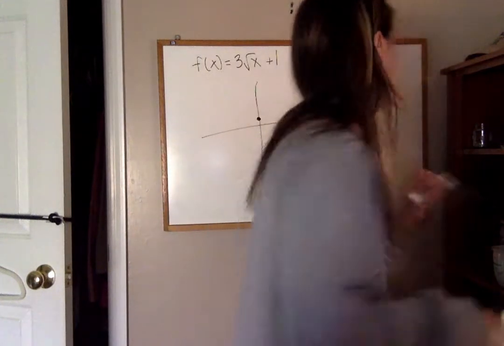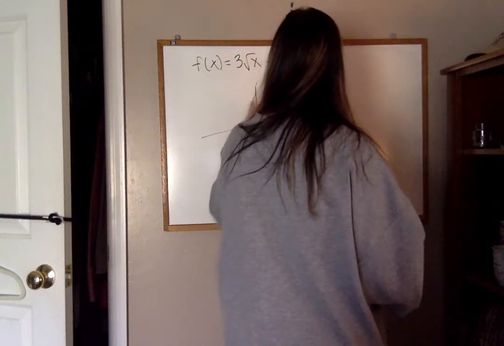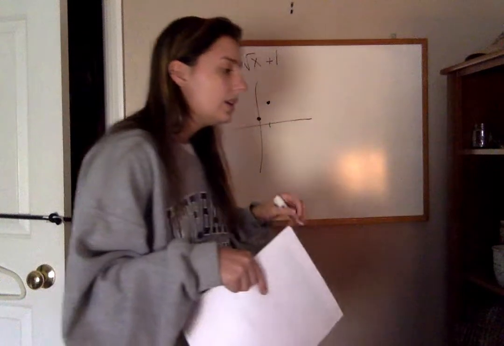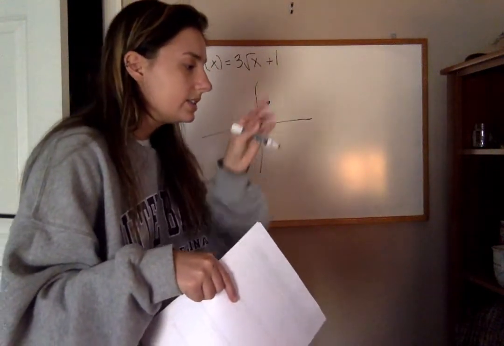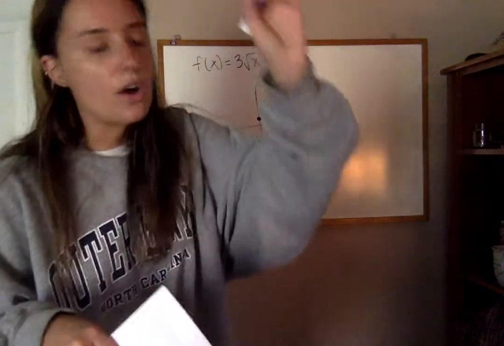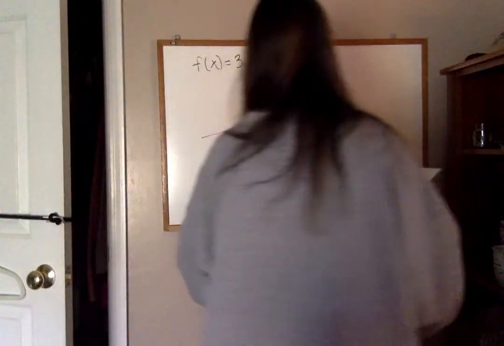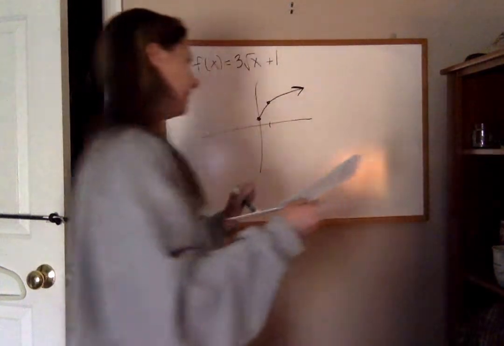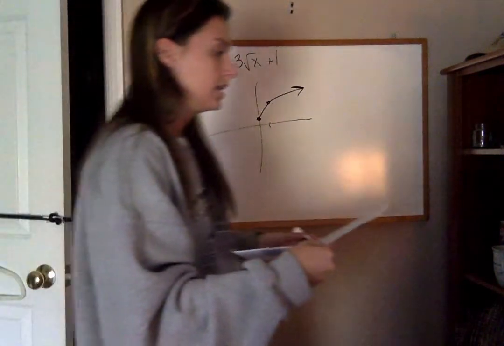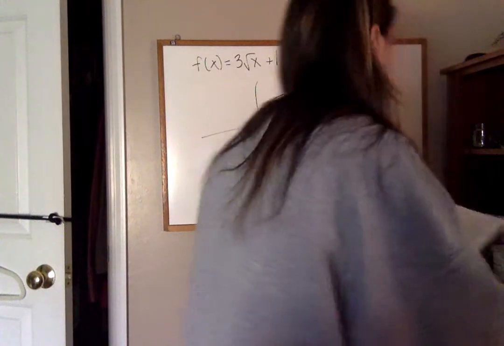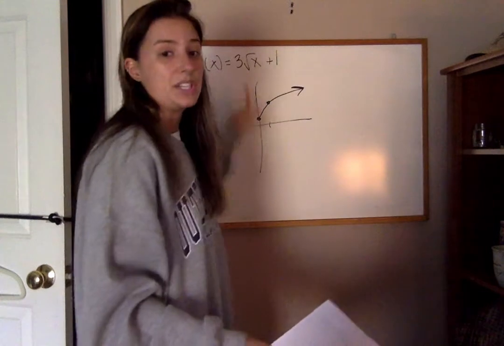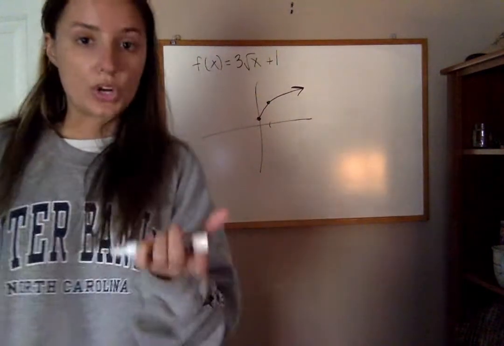Then I have 1, 4. Then I have 2, 5 point something, 3, 6 point something. So it's curving off. We know the general shape of the square root function, so I could kind of guess. So it'll kind of go like that. Okay? So it never goes into this territory. That's why I said for -1, it was an undefined y coordinate.